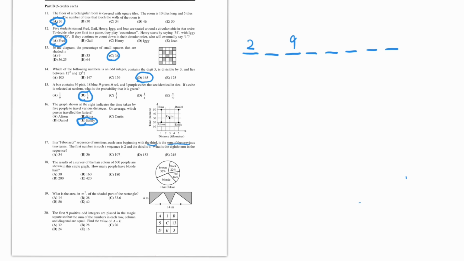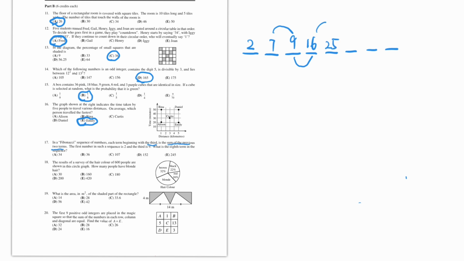Because the third term equals the sum of the previous two terms, 2 plus 7 is 9, and the fourth term will be 7 plus 9, that's 16. And the next term is 9 plus 16, that's 25.